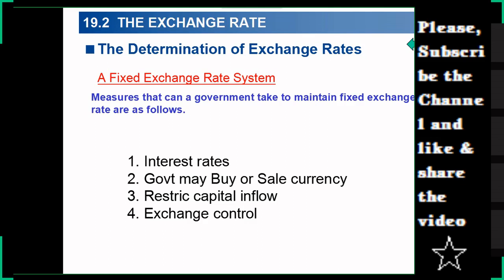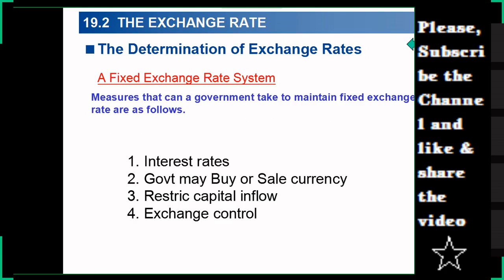Okay, the other way, most of the time government tries to come up with, rather than telling people not to buy the foreign currency, some obligation, and then tries to know why people would like to buy foreign currencies.